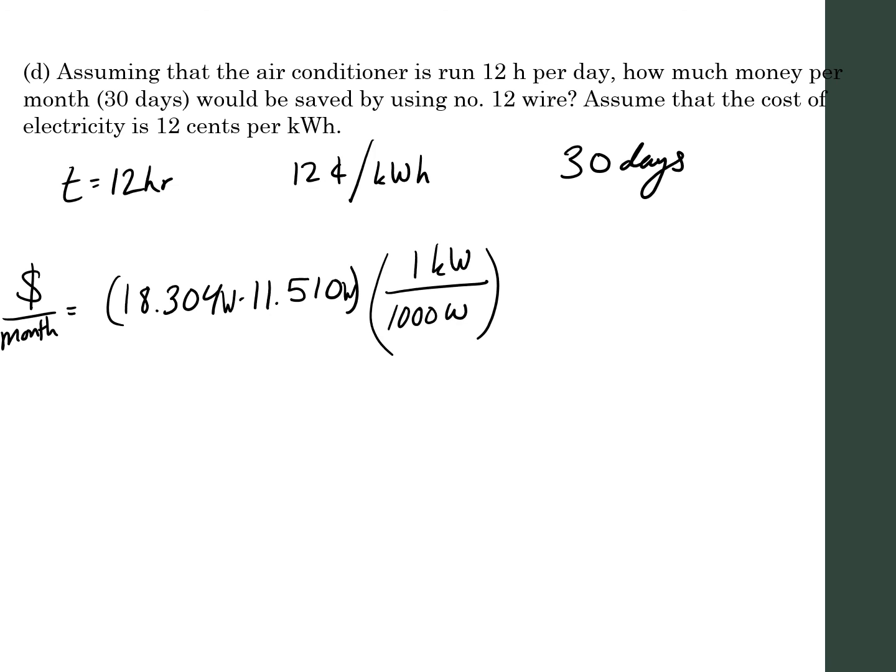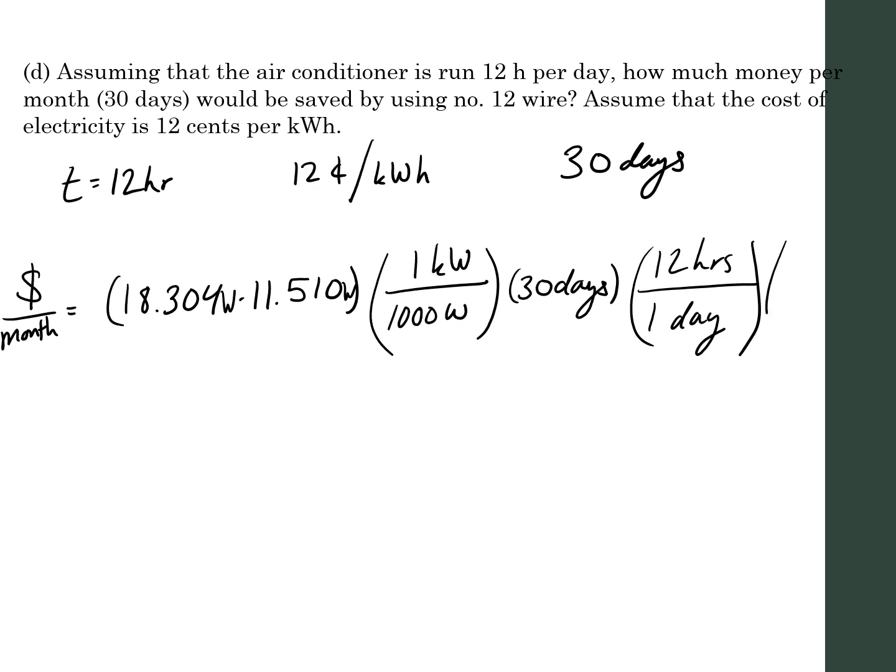We're going to be going for 30 days, and every day we're going for 12 hours. We have one more thing we need to consider, and that's the 12 cents per kilowatt hour that we are using.